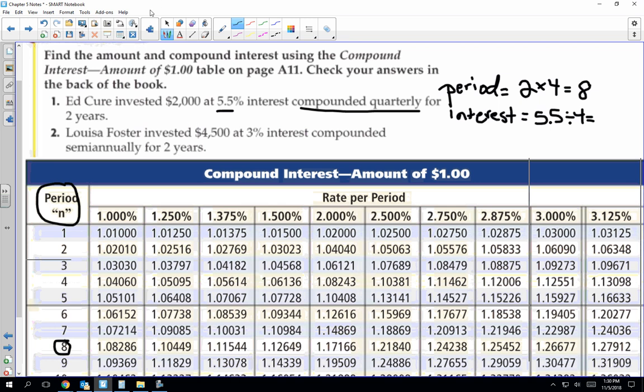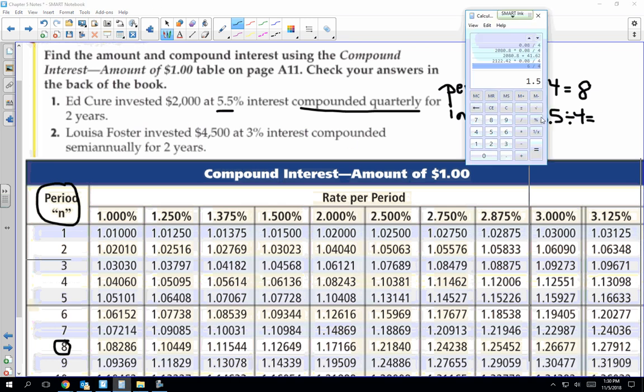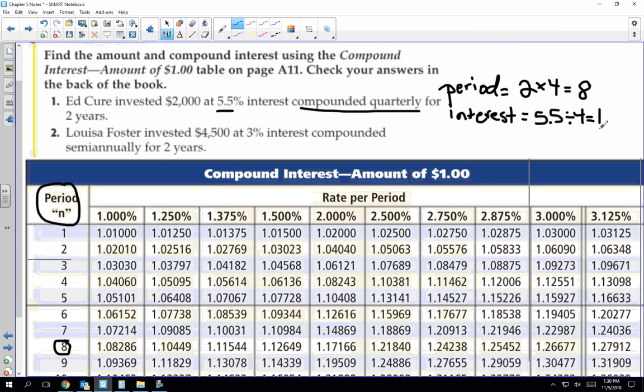So it's 5.5% interest rate divided by 4. And that means every quarter we got 1.375. So that is this guy right here.